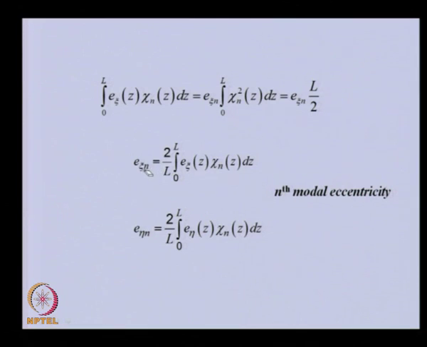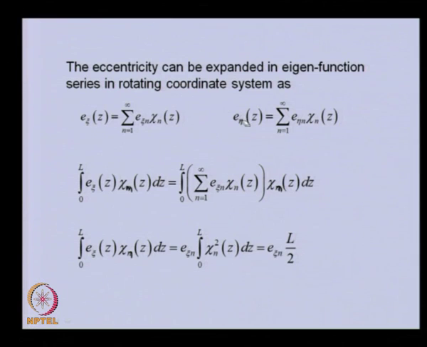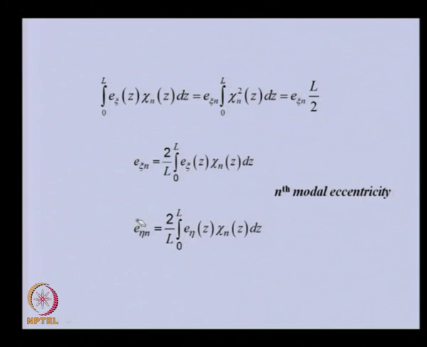Similarly, we can take the second one, and we can obtain this constant. This constant will be given as E eta n is equal to this much. These we call modal eccentricity, and the second subscript n represents which mode this particular eccentricity we are attaching. So, these are the nth modal eccentricity in xi and eta direction.